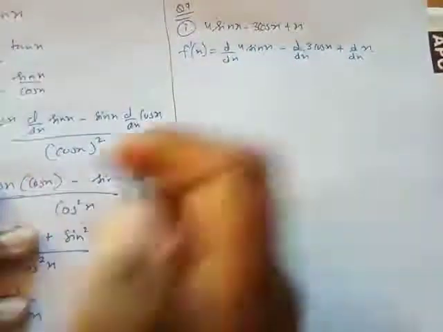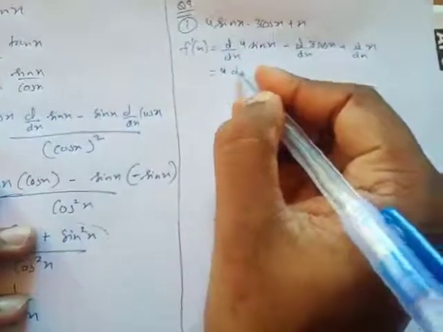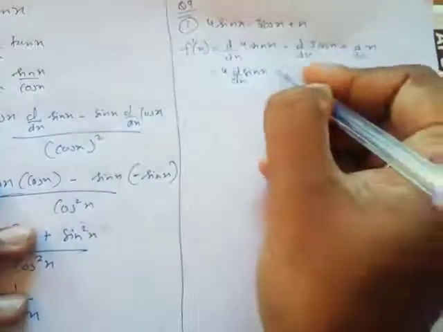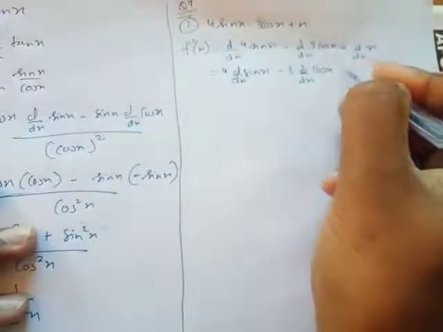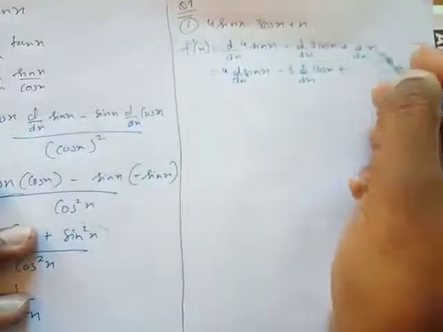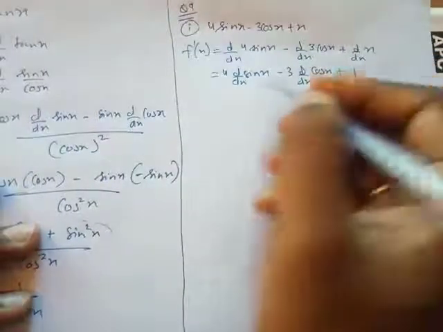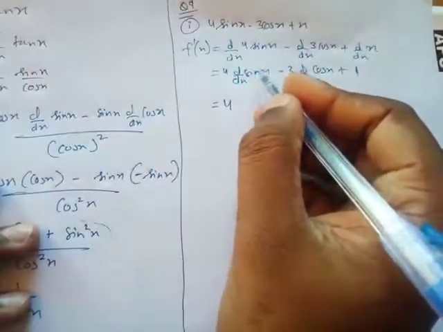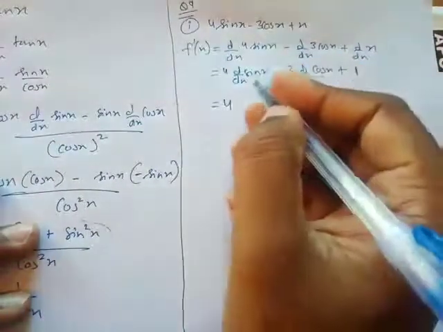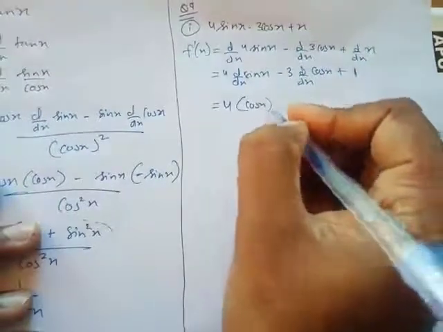Okay, you know, whenever there's a number, the number comes in front: 4 d by dx of sin x, minus 3 d by dx of cos x, and you know the derivative of x is always 1. Now, the derivative of sine we already know because we just talked about it. Whenever it is sine, what do you have to write? cos x.